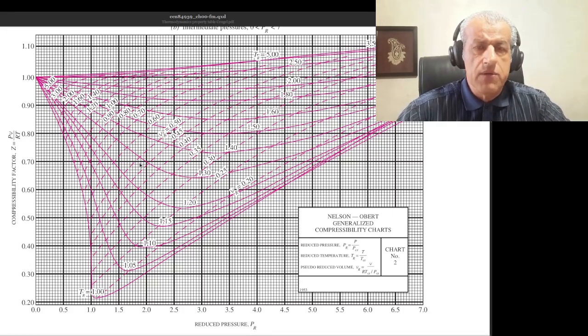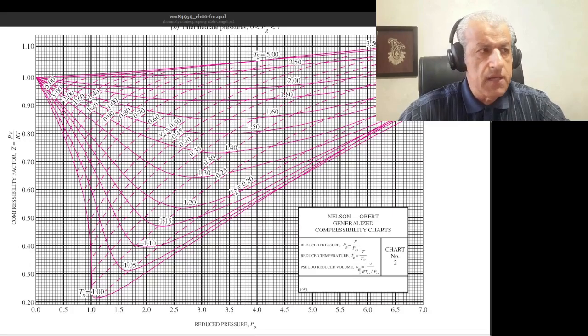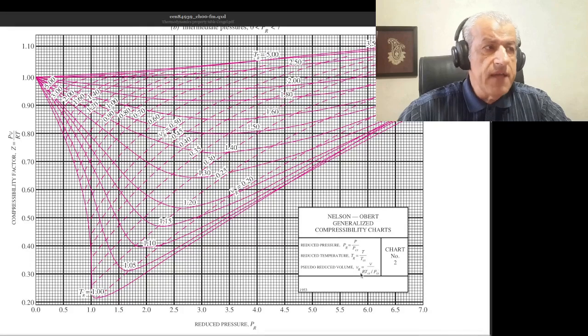It's important to learn what the definition of VR is. It's very different from PR or TR. For VR, there's a different definition: the real value of the specific volume at any point, divided by the value of the specific volume if the critical point was a perfect gas. Interesting. That's how it's defined.